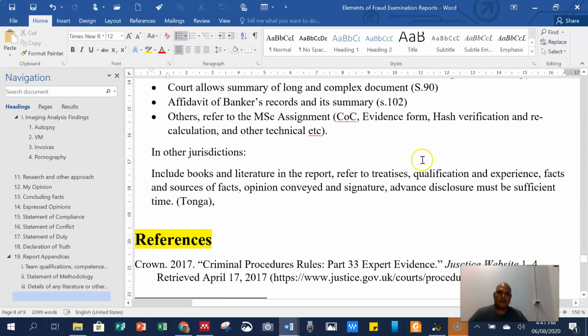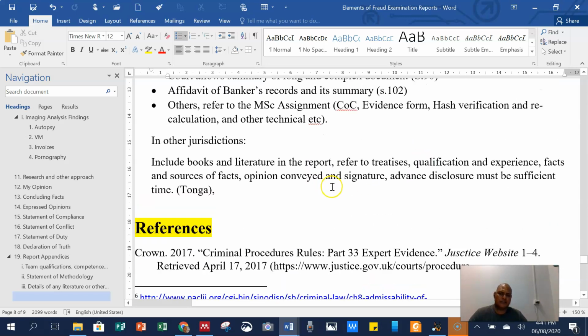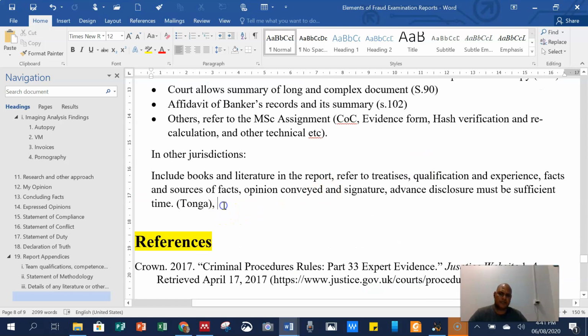Section 133. In other jurisdictions, especially Tonga, it includes books and literature and reports. So you can also conduct a literature review and involve books and literature in a report and refer to treaties, qualification and experience, facts and sources of facts, opinion conveyed, and your signature.